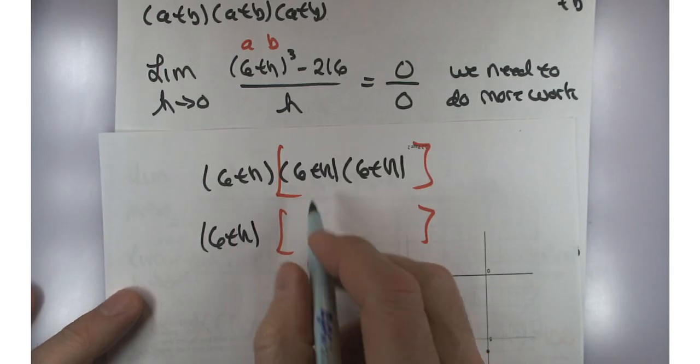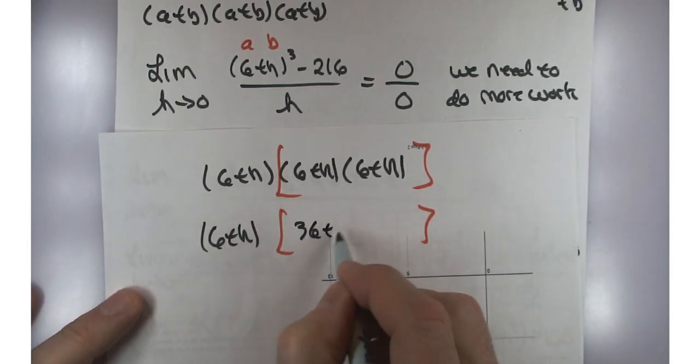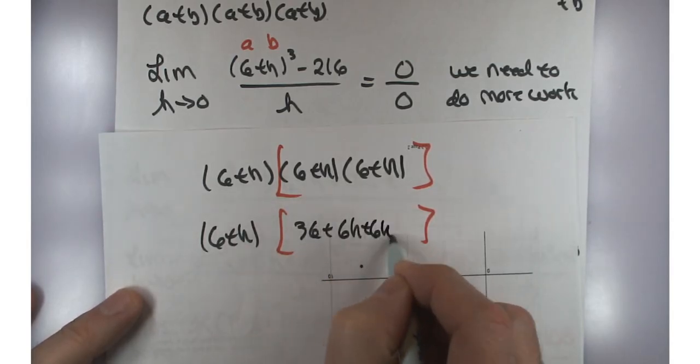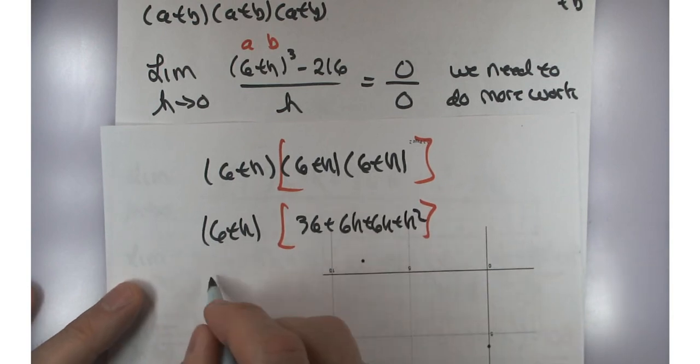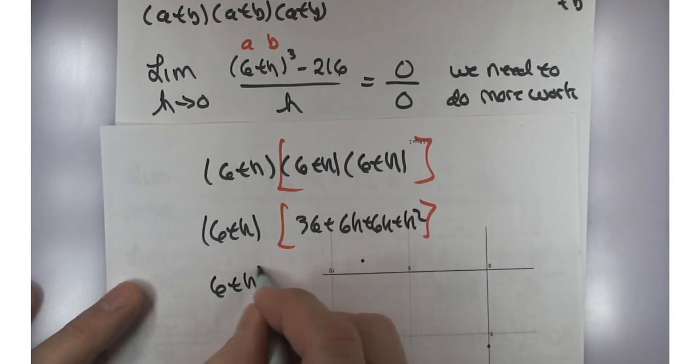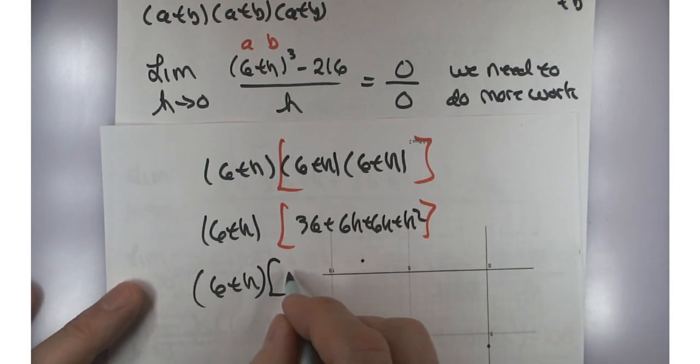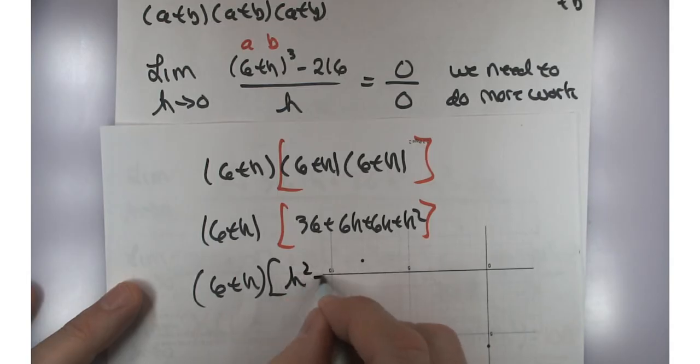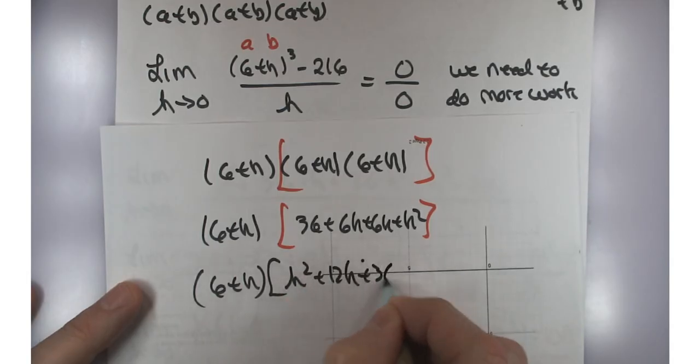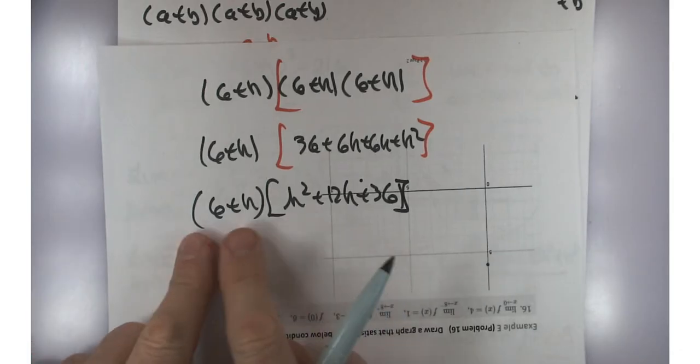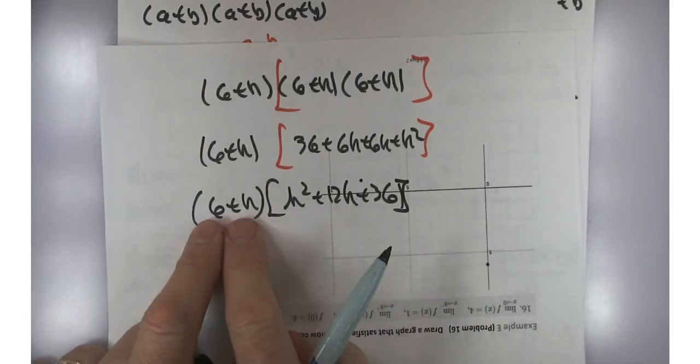That's going to give you 36 plus 6h plus 6h again plus h squared. Combine like terms. And then you're going to have h squared plus 12h plus 36. Then you're going to have to distribute the 6, then distribute the h, and then collect all like terms.